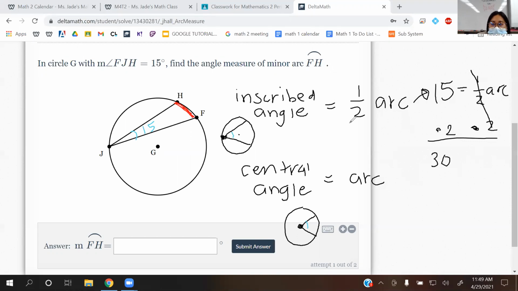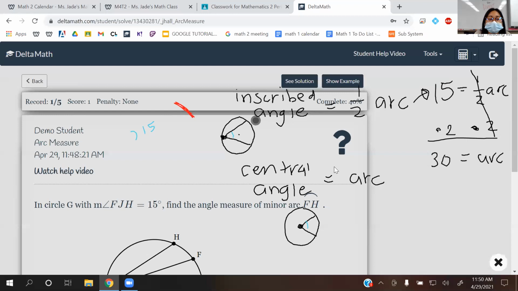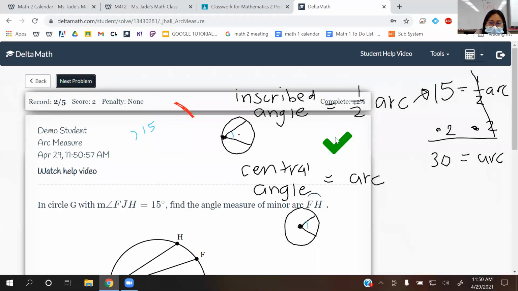The 1/2 and the 2 cancel out, so 30 is equal to the arc. Let me type that in. The arc is equal to 30. Are there any questions? This time it gave us a green check mark. Let's go to the next problem.